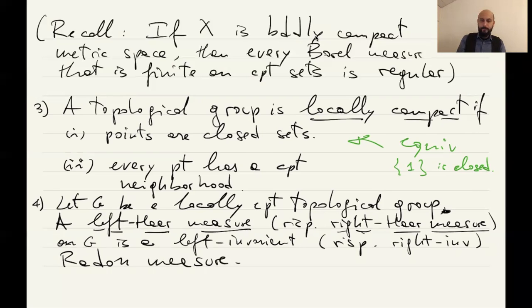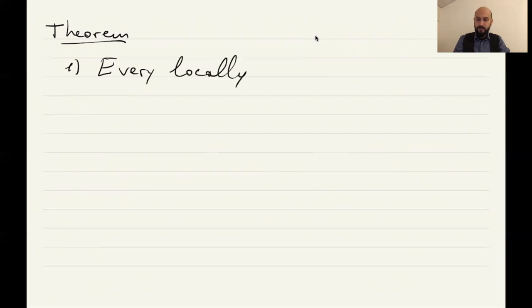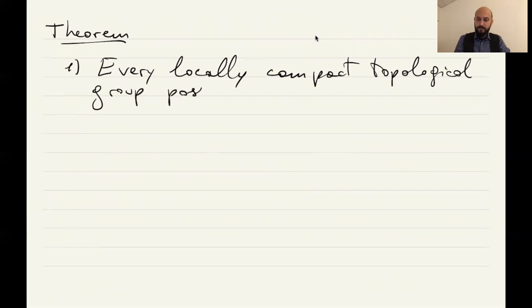Okay, what we will prove next, and probably in the next video, is one, every locally compact topological group possesses a left invariant measure, let's just call it a left Haar measure.